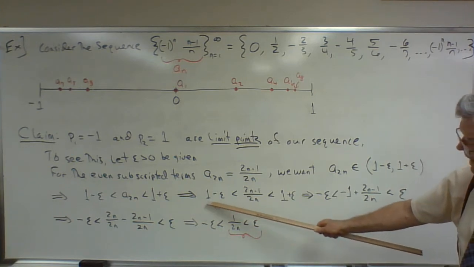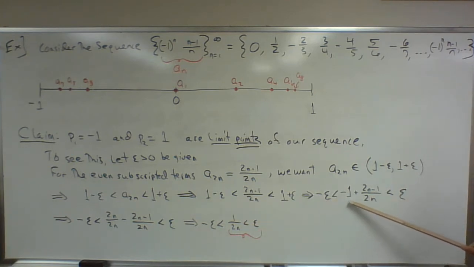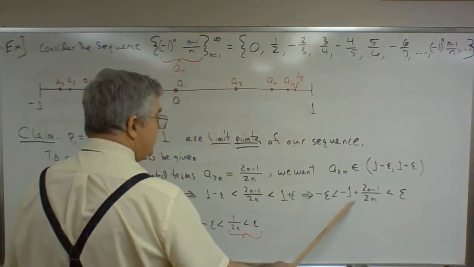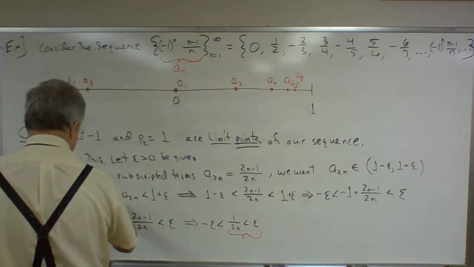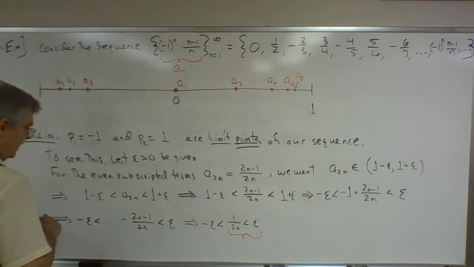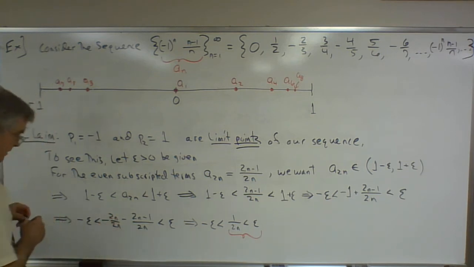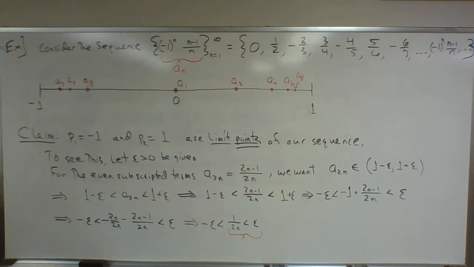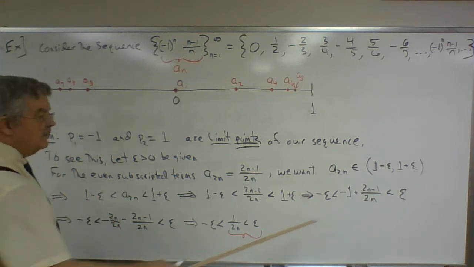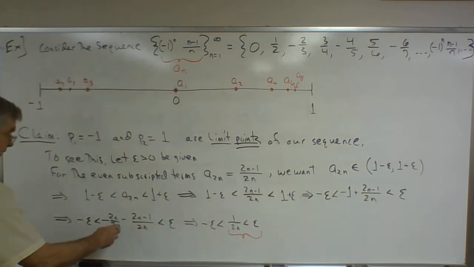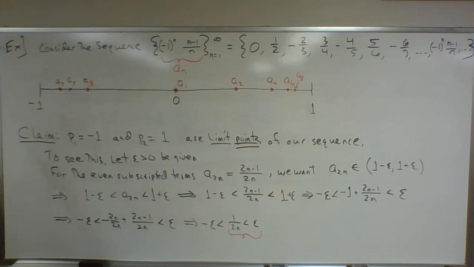Isn't that right? I had a 1 here and now I don't, so I subtracted 1 from each side. And so I'm going to rewrite this -1 as -2n over 2n. And we have -1 plus 2n minus 1 over 2n. So this is a plus. Good gravy.